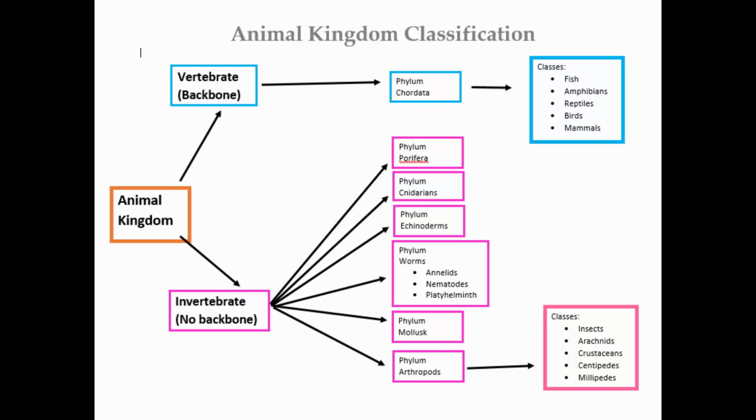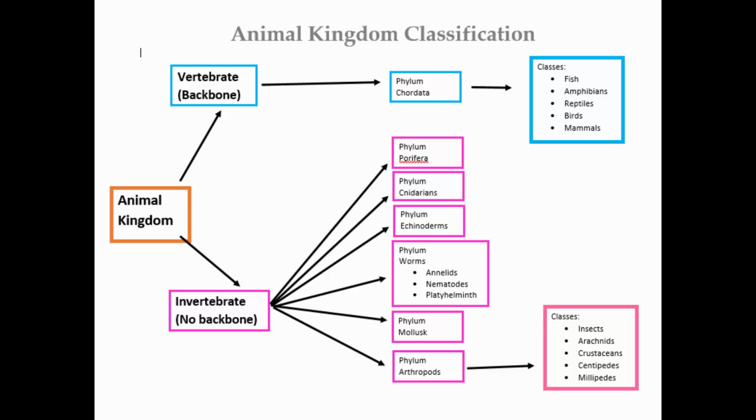Here are some of them: Porifera, Cnidaria, Echinoderms, Annelids, Nematodes, Platyhelminthes, mollusks, and arthropods. There are others, but those are the main ones. In vertebrates, as you look at this diagram, how many phyla are there? Just one. All vertebrates are in the phylum Chordata.